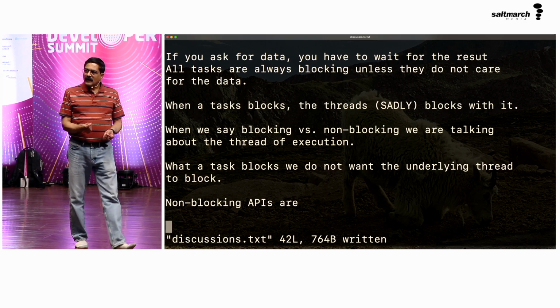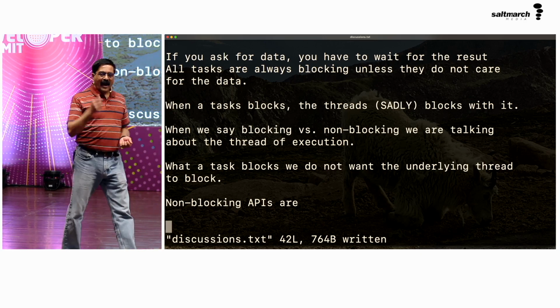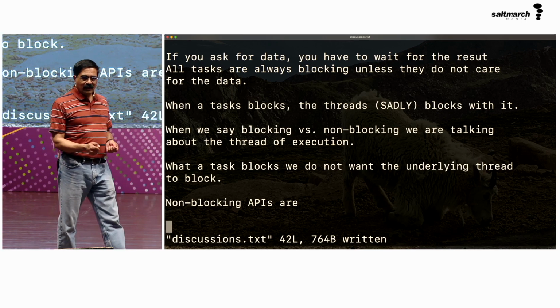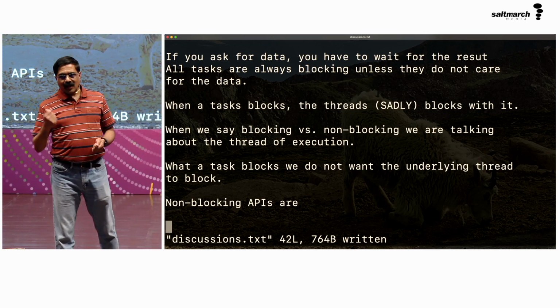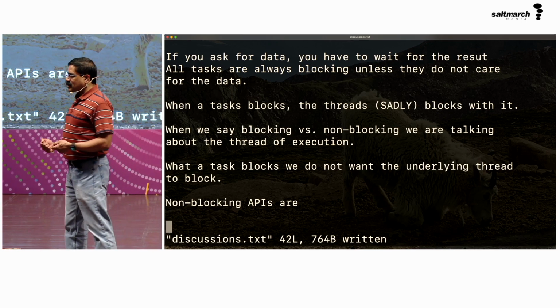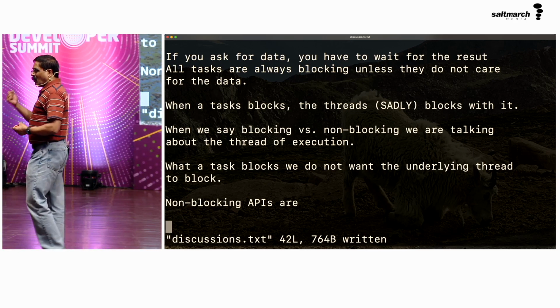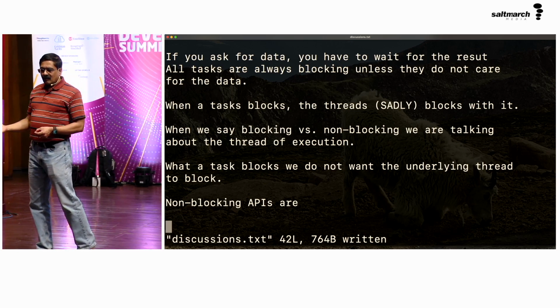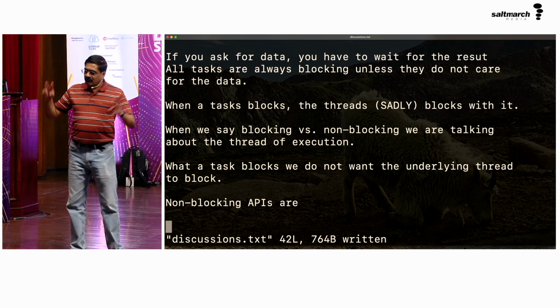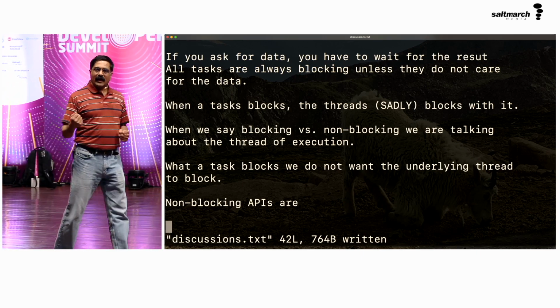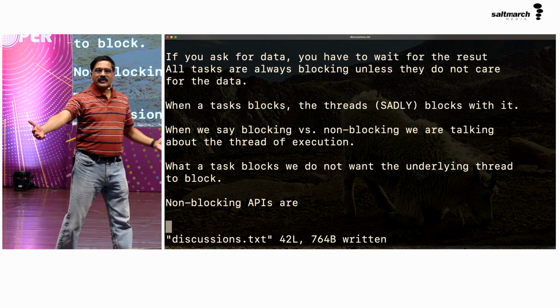And why? It directly impacts your scalability. And that's why this is an architectural concern. Because in an architecture, if you want to provide scale, you don't want to block and wait. Because if the thread is waiting, there's only so many requests you can serve.